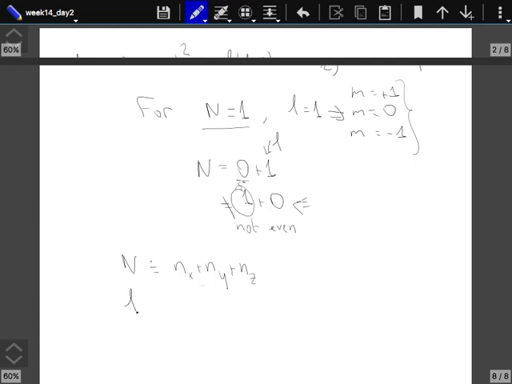Now the thing is, what is L in terms of nx, ny, and nz? It will be an interesting exercise to try to identify the angular momentum. We already know that we can write the energy in terms of nx, ny, and nz. We should also be able to write the angular momentum in terms of these, and also, of course, m.